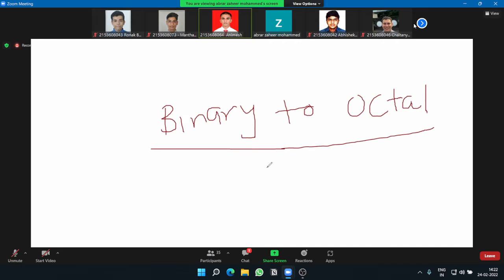And the second method is to make groups of 3 bits. We start from the LSB and make groups of 3 bits. If 1 or 2 bits are missing in the 3-bit group, then we can add zeros after the MSB. And then you have to convert each of the 3-bit groups to its decimal equivalent.